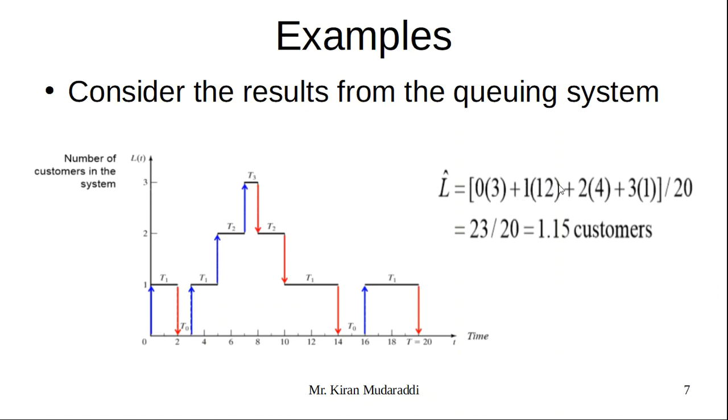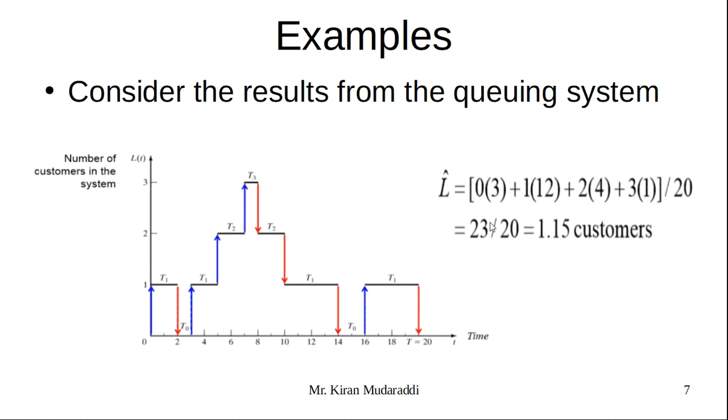T1 is 12. How exactly is it 12? I will tell you. T1 is 4, and again 4 from 10 to 14, and 4 from 16 to 20. So 4 plus 4 plus 4 is 12, plus 2 into T2, that is these two, totally 4, plus 3 into T3.